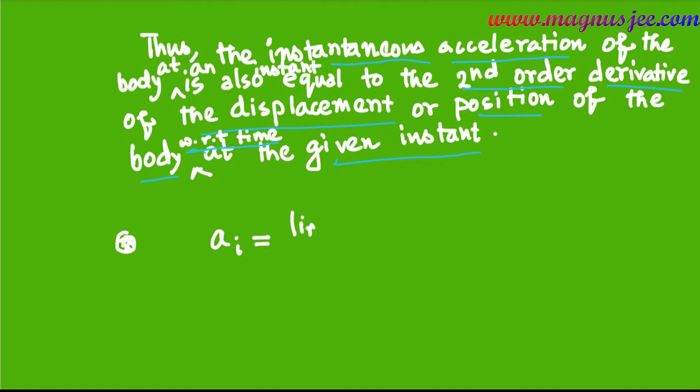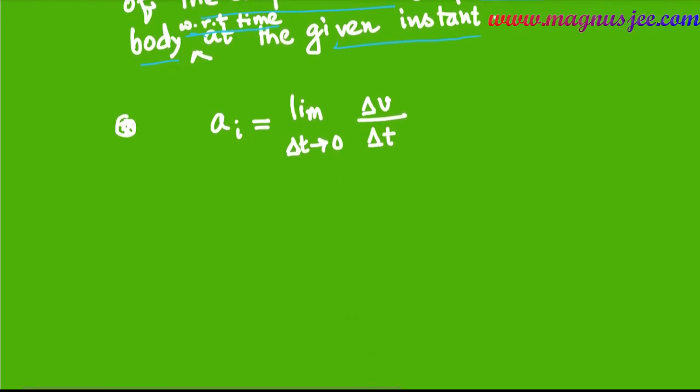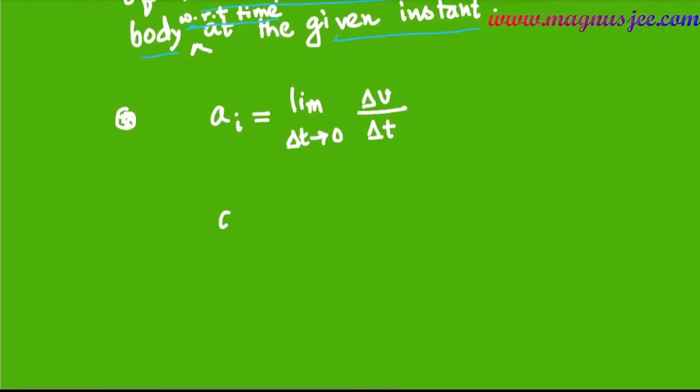AI has three expressions. The first expression we have derived, which is limit delta t tends to 0, delta v by delta t. Another expression AI has is d/dt of v.